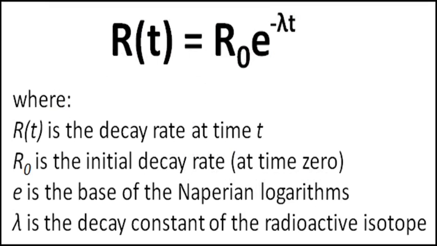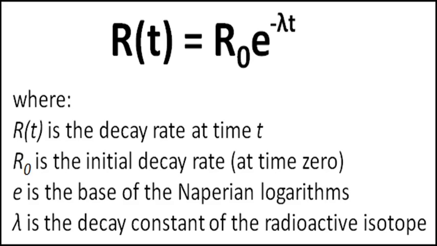We had already seen the law of radioactive decay in terms of the number of radioactive nuclei. But here we can rewrite the equation in terms of activity also. So we can write R of t as R0 into e raised to minus lambda t, where R of t is the decay rate at time t, R0 is the initial decay rate, and lambda is the decay constant.